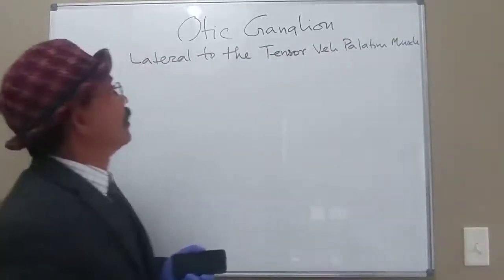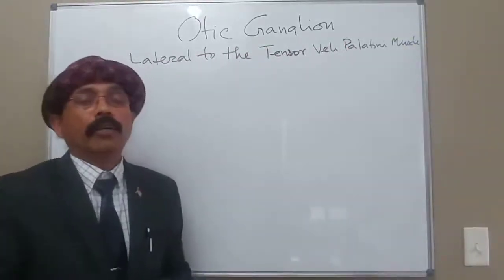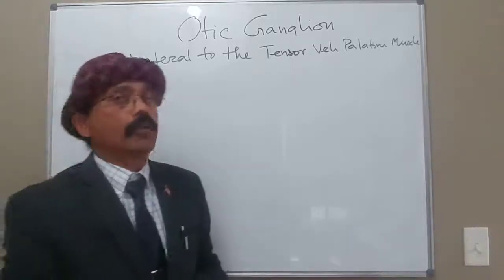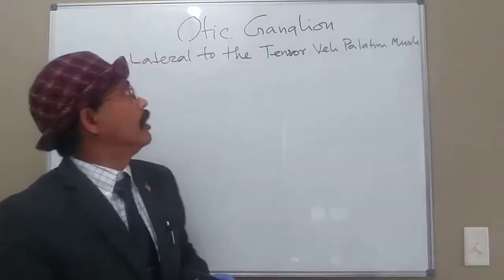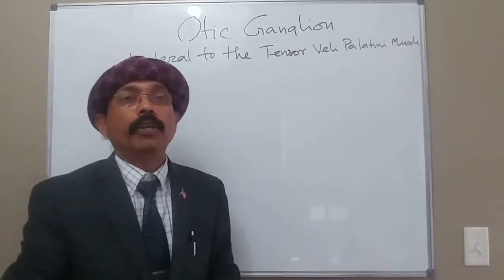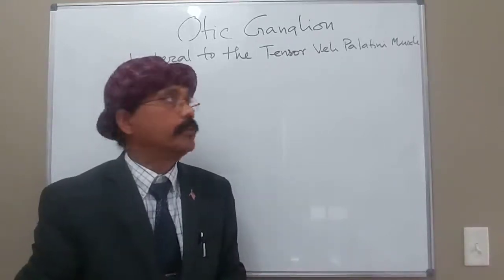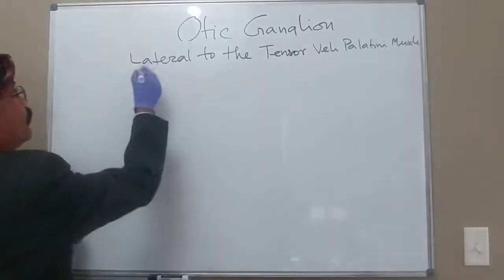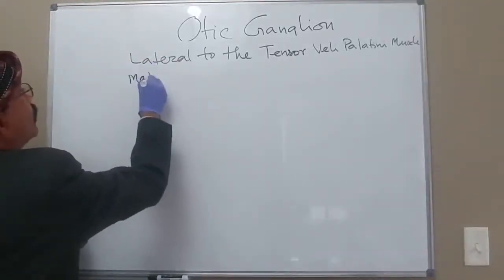It is lateral to the tensor veli palatini muscle, and this muscle protects the otic ganglion from the bony part of the pharyngotympanic tube.